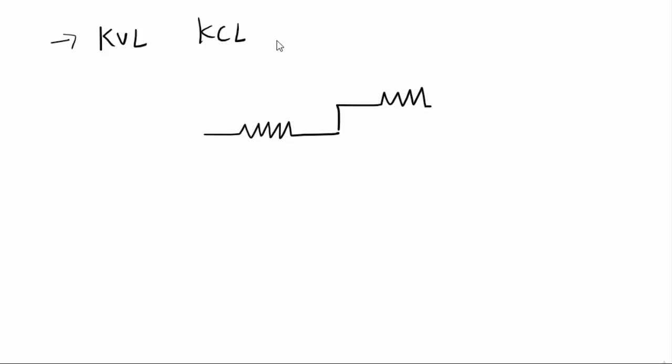Now what I will be doing is using the KVL and the KCL. So I am having a circuit which can be written in this way, which is made up of resistance.